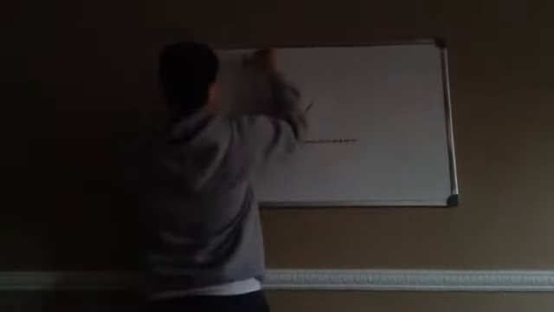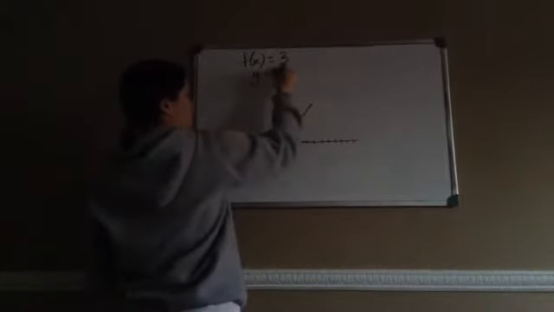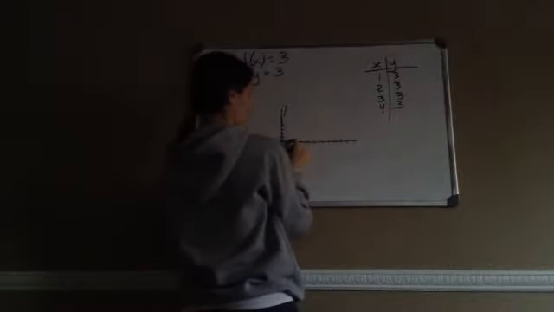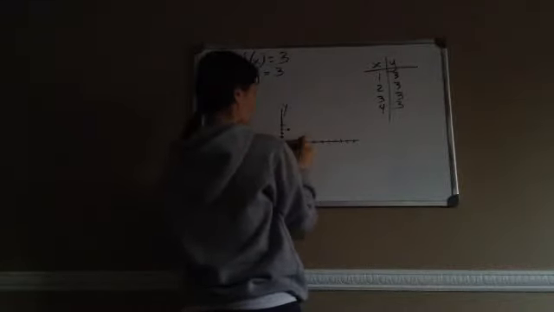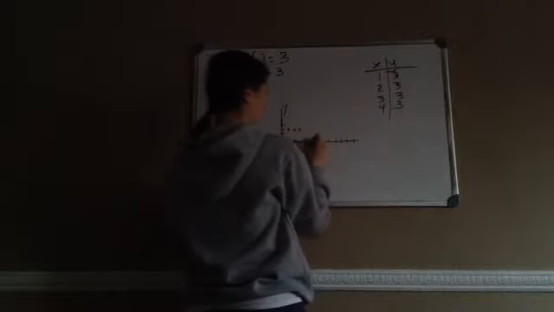Okay, here's what it says. If f of x equals 3, again, remember my rule, y equals 3. So if y is 3, always, then let's just try any other number. 1, and then 3. 2, and then 3. 3, and then 3, and 4, and then 3.